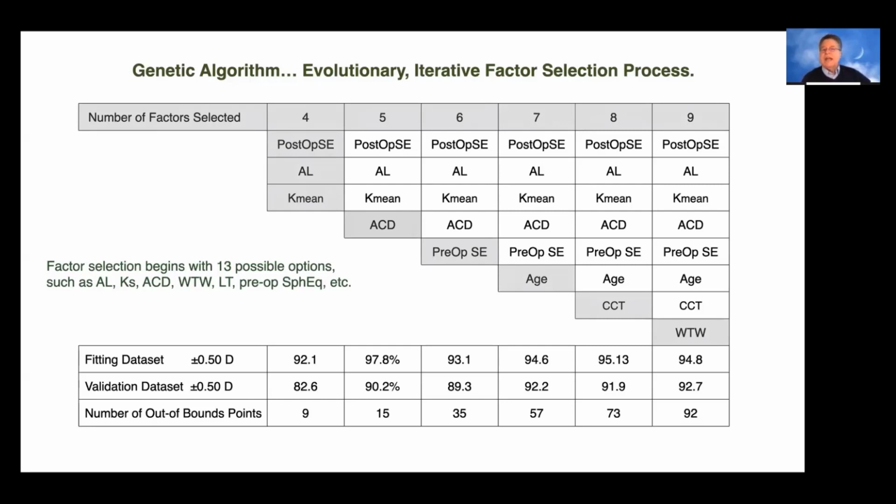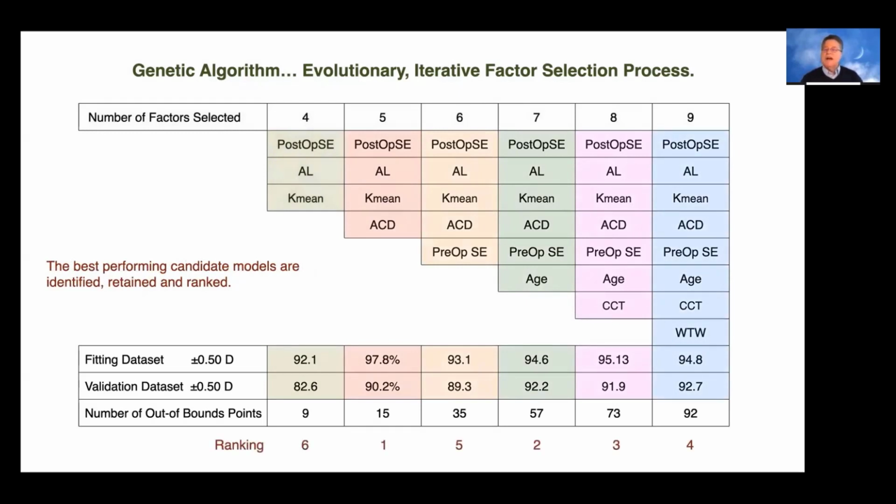And we use a genetic algorithm which employs principles of evolutionary iterative factor selection process. So we make a basic model and we modify this in a semi-random fashion, creating new models. And then the best performing models are identified, retained, and ranked. And we do this again and again and again.